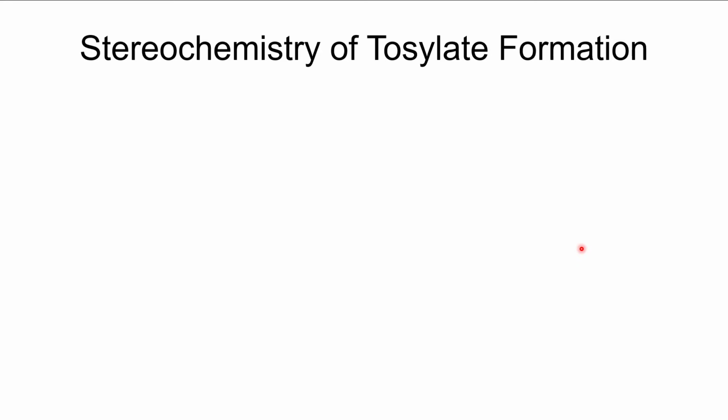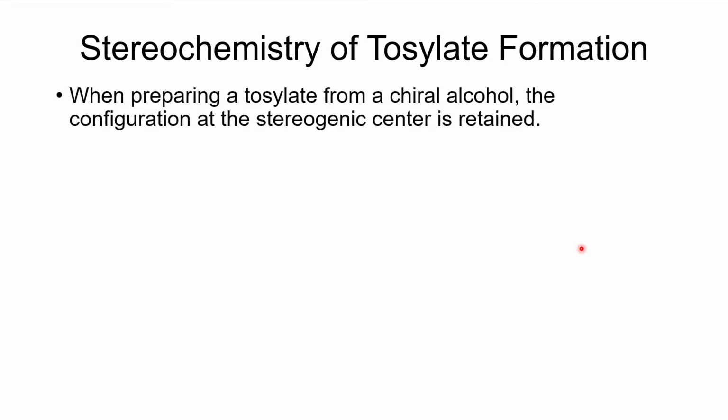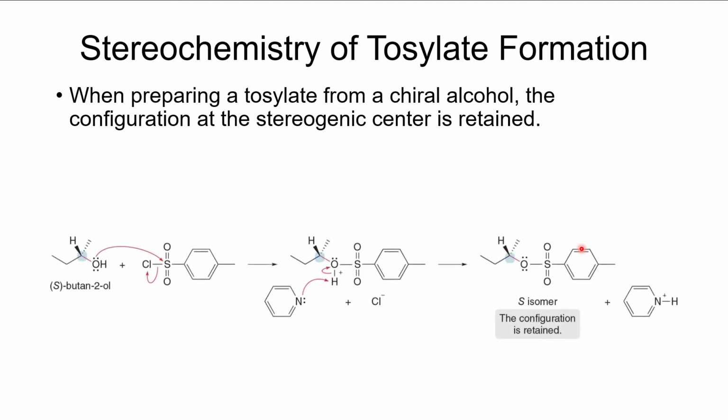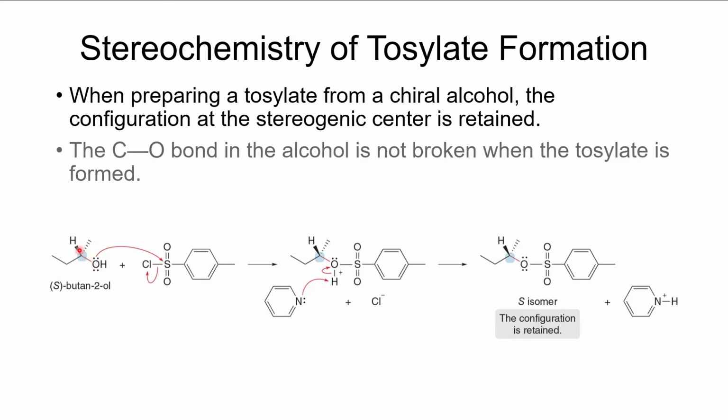All right, so now for stereochemistry considerations. When we pay attention to the stereochemistry, one thing is really interesting: when we're preparing a tosylate from a chiral alcohol, the configuration of the stereogenic center is retained. So for example, here we've got this S-butanol. This is a stereogenic center, and because the carbon-oxygen bond is never broken in the course of making this, that stereogenic center is unchanged.